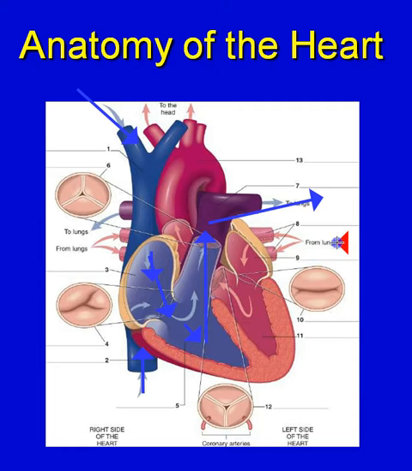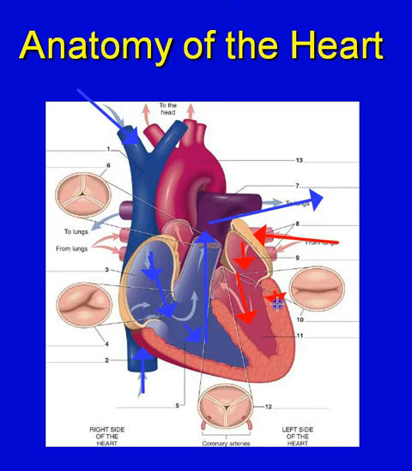That oxygenated blood comes back to the heart, and it comes back through the pulmonary vein and enters into the left atrium. The next contraction, it's going to push it through this valve. This is called the mitral valve, into the left ventricle.